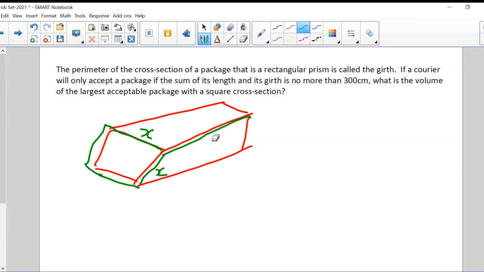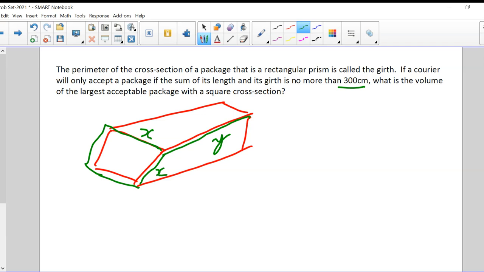And let's call this distance here y. So when you sum all of these distances around this square on the end, and you add that to this distance, the length of the package, 300 is the max, right?